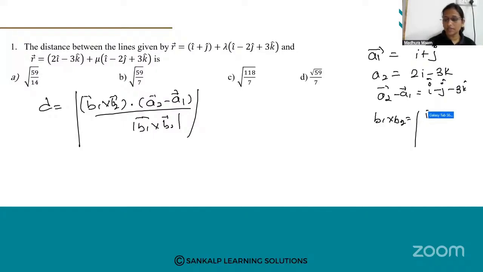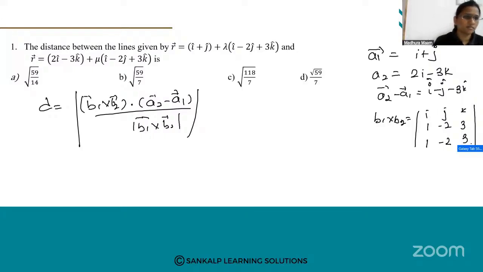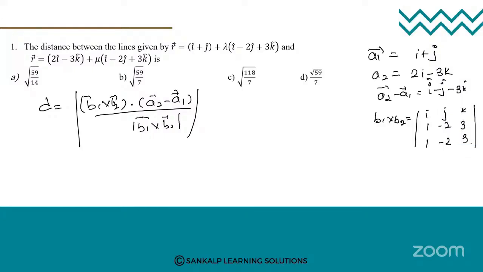So this is the determinant of I, J, K. What is in B1? 1, minus 2, 3. What is in B2? 1, minus 2, 3. Both are the same only.